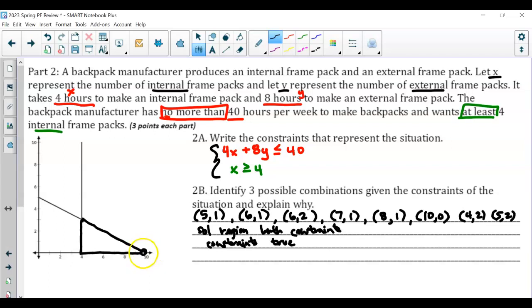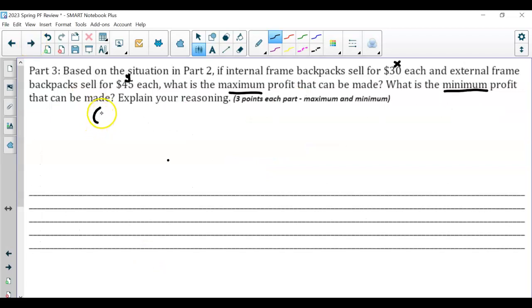So 10, 0, 4, 0, and 4, 3. So we have 4, 3, 4, 0, and 10, 0. These are the points that we are going to use, our vertices. And then use this as my X, as my Y, right? And use these values to identify the amount of profit.